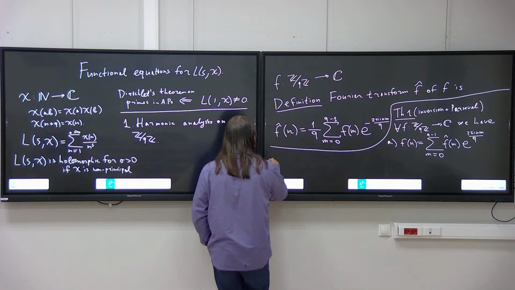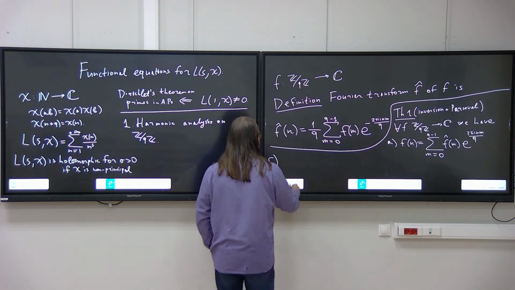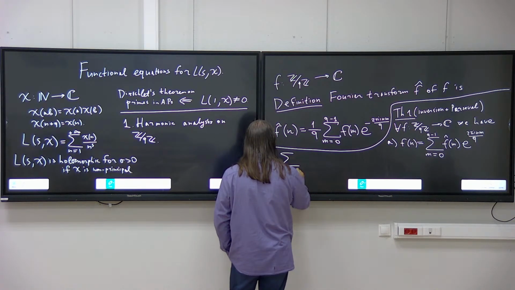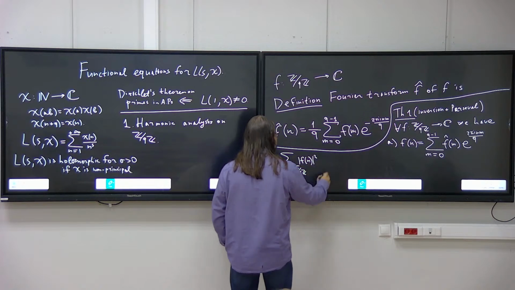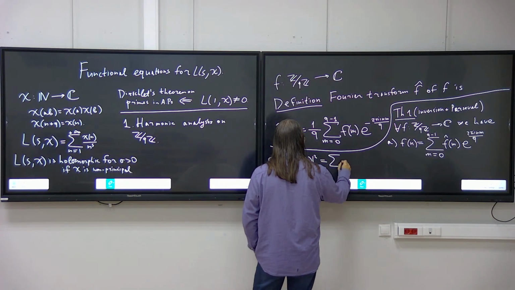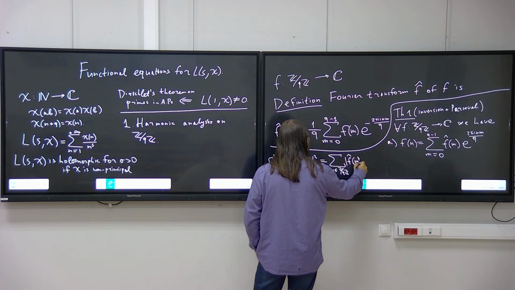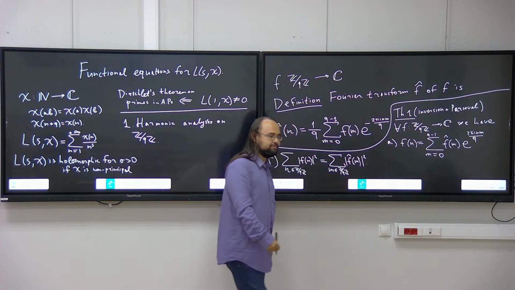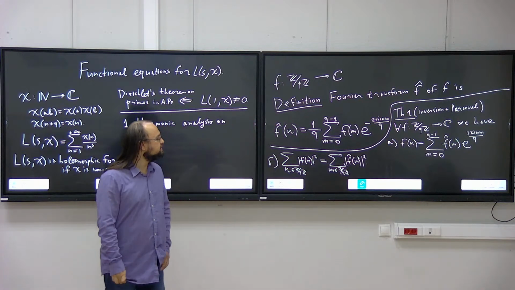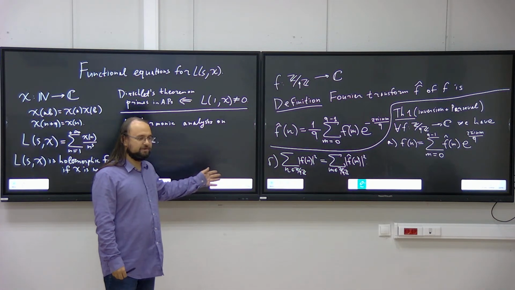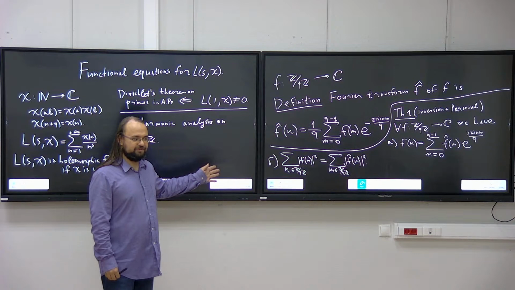And the second statement is that the sum over all n in Z over qZ of the absolute value of f of n squared is equal to the sum over all m from the same group of the absolute values of your Fourier transform squared. Is the statement of theorem 1 clear?